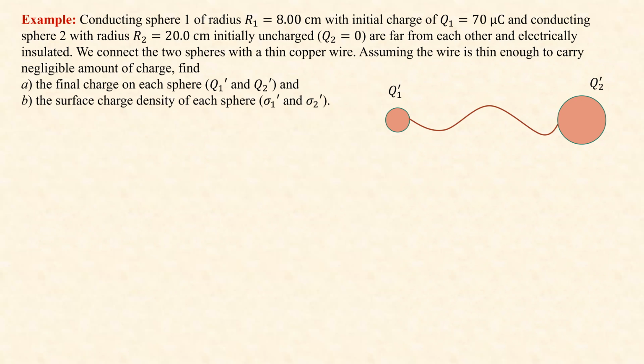And we want to find the surface charge densities of the spheres, sigma 1 prime and sigma 2 prime. What do you think? What can we do to do that? They are far away from each other, and we're connecting them with a very thin wire. If you want to find how much charge is on each one now, what do we do?